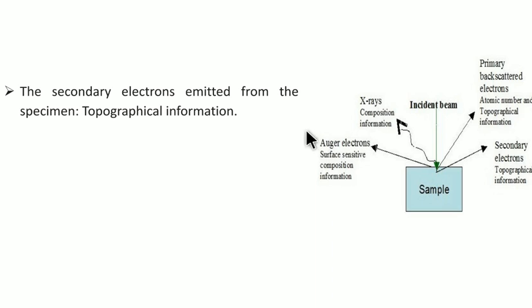The first one is the secondary electrons. They provide topographical information, that means surface information and surface morphology of the sample, with the help of a detector.